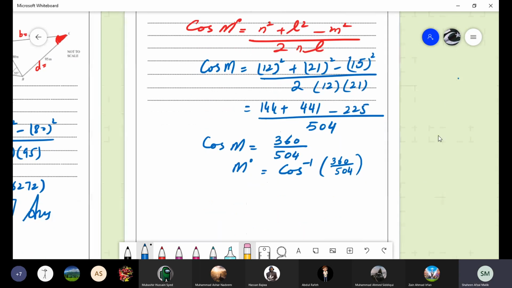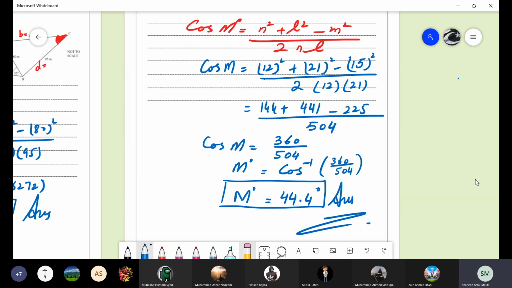Hassan, find the answer better. Ma'am, the answer is 44.4. Thank you, Ahmed Siddiqui. This is 44.4 degrees. So this is the last answer of your worksheet.